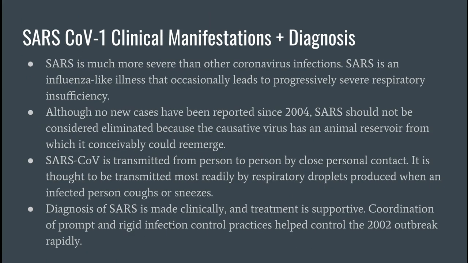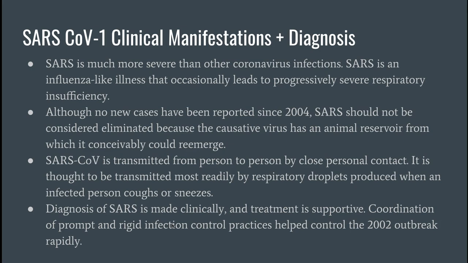So SARS CoV-1, there's no new cases since 2004. It's transmitted person to person. Although there's no new cases, SARS should not be considered eliminated because the causative virus has an animal reservoir, which could conceivably reemerge, which is what happened with COVID-19 when it reemerged in December 2019 in China.